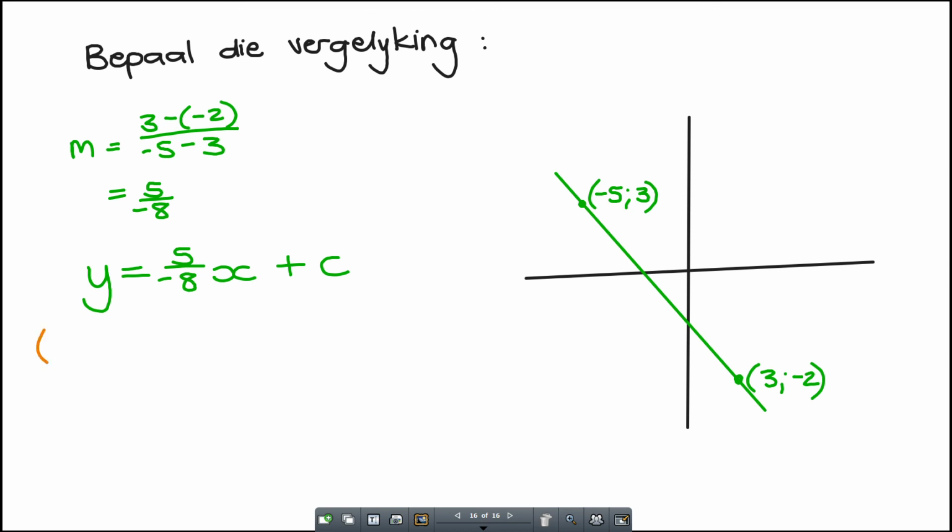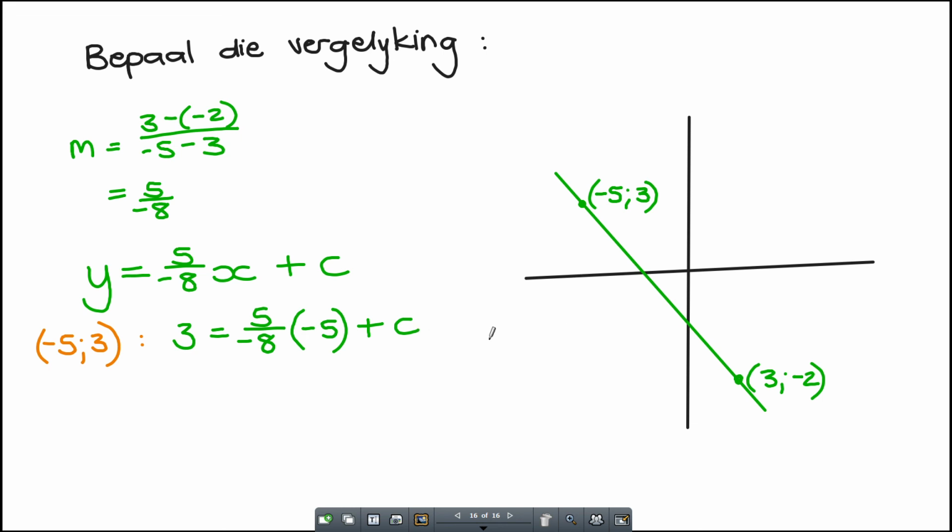Okay, so I'm going to substitute in, if x is minus 5 and y is 3. In plaas van y, gaan ek nou sê 3 is gelyk aan 5 op minus 8, and then usually we would have x, maar nou sê ek asseblief in hakies, when we substitute in, put it in bracket. What's the x value here? Minus 5. Okay, and then plus c. Nou, is julle reg? Wie het ek verloor langs die pad?